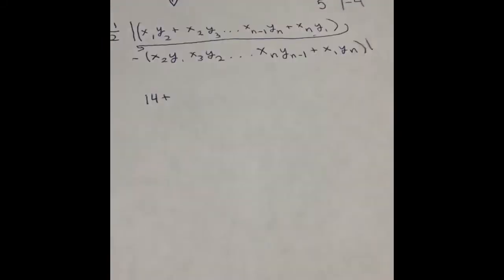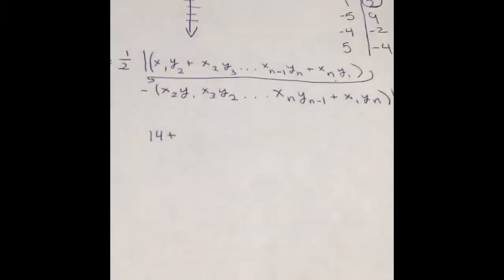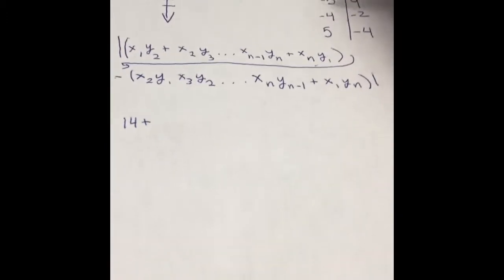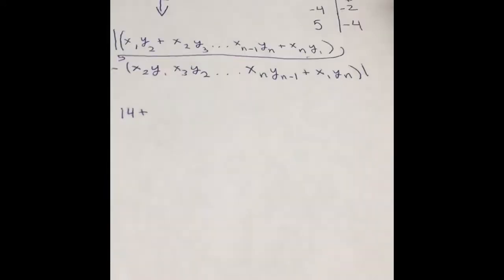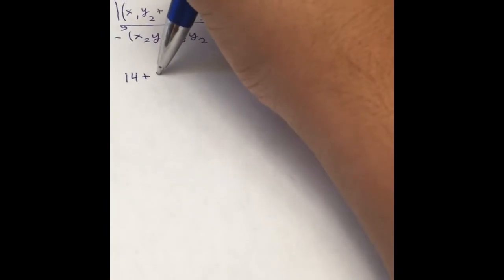So the first term here would be 14 plus, we go down one row, we take this 1 right here, and we multiply it by the 9 right here. So 1 times 9 is 9, so we add 9 to the 14.